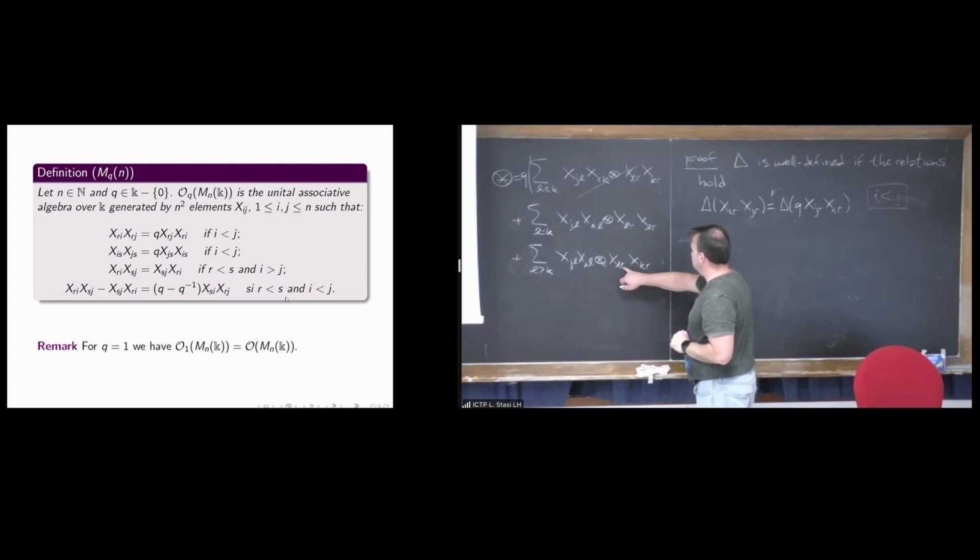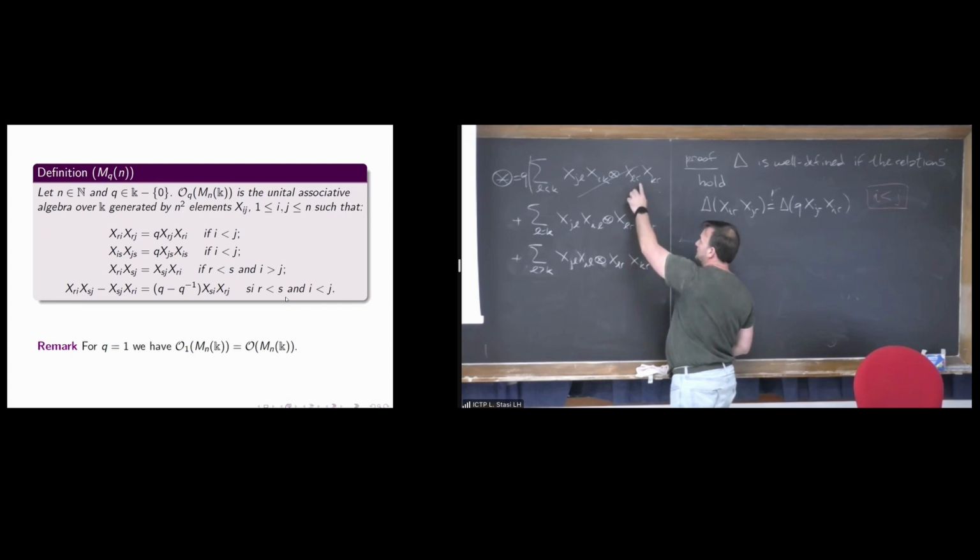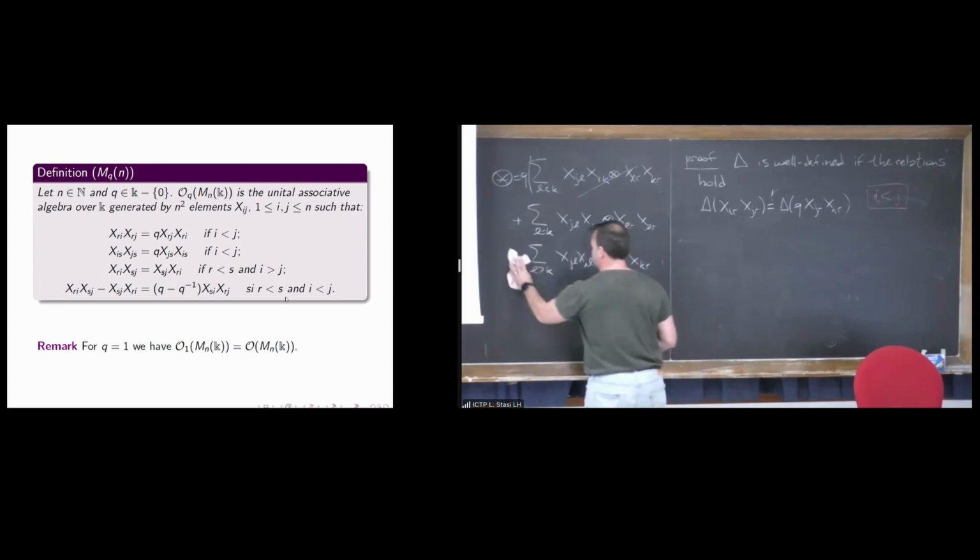And when we have the second subindex equal, we look at the relation, and we can compare these two. This one is Q minus times this one, or in other words, this one is Q times this one. So we change this one with the Q minus 1.